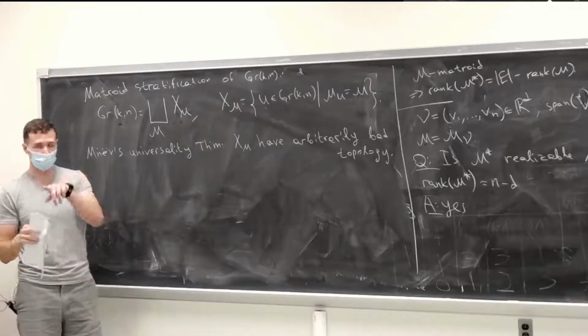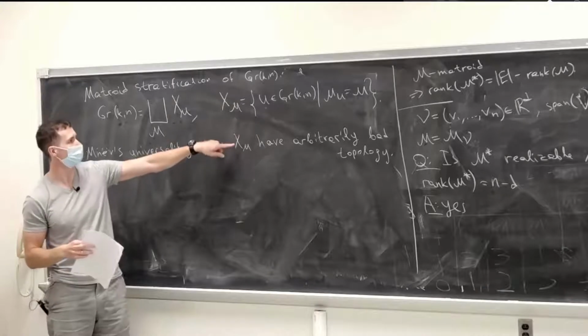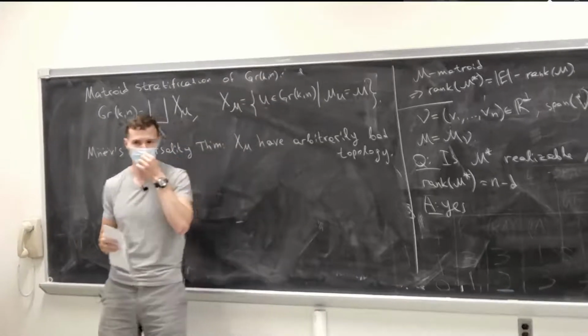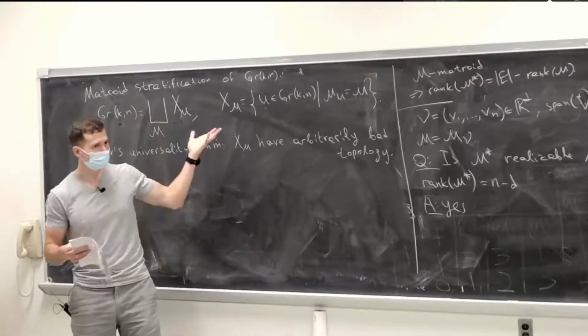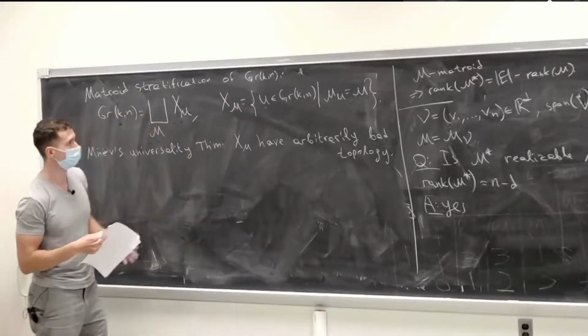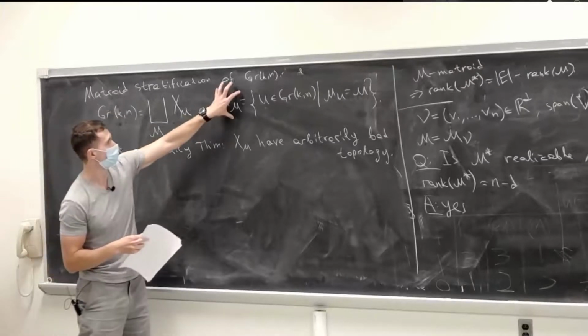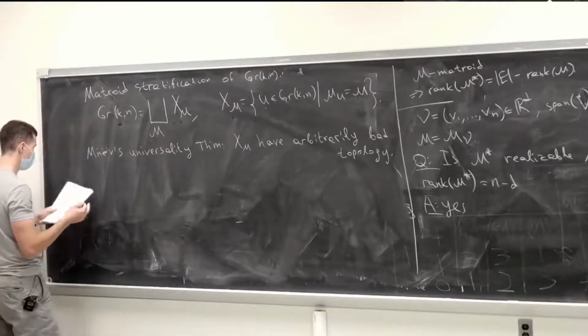It is true that these are algebraic varieties, defined by polynomial equations. It's not clear from what I just said that they can be given by polynomial equations, but there's the Plucker embedding, which tells you that each piece is an algebraic variety.